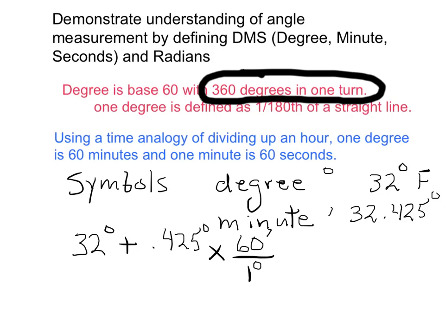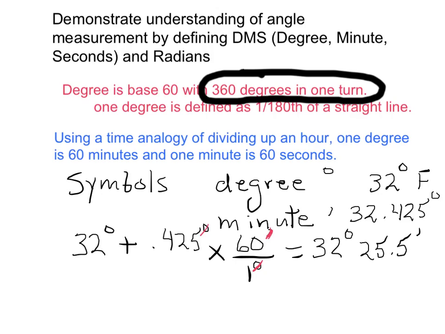Then our degree symbol goes away, leaving us with this symbol. And so we're looking at, say, 32 degrees and 25.5 minutes. Which is all well and good, but we're not done yet. In fact, we'll go one more.